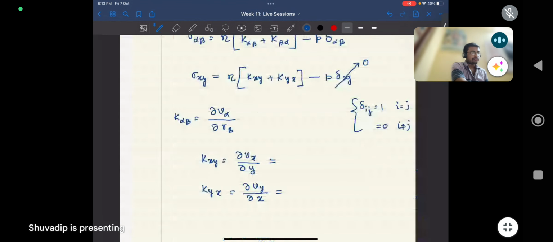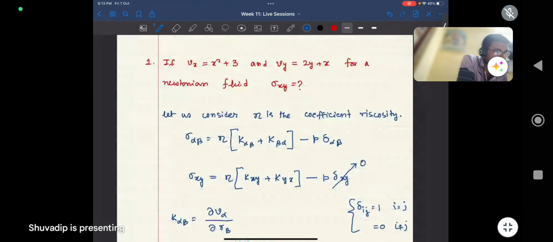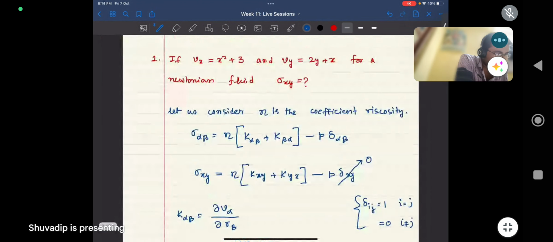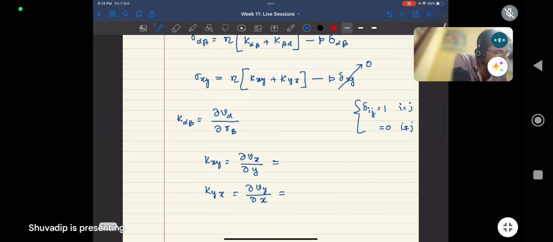So let me once more write down here, vx is x square plus 3 and vy is 2y plus x.